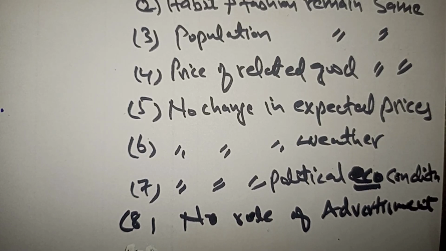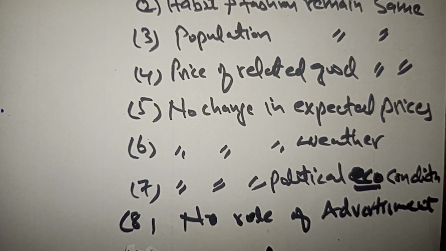With advertisement, the product looks more attractive to the consumer, hence leading to increased quantity demanded irrespective of price change. Hence, the effect of advertisement must be constant. It means no role of advertisement. Then the law of demand will be valid.